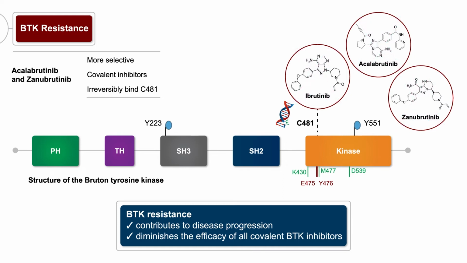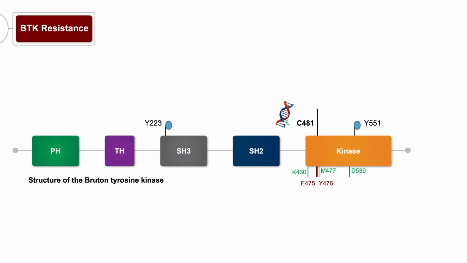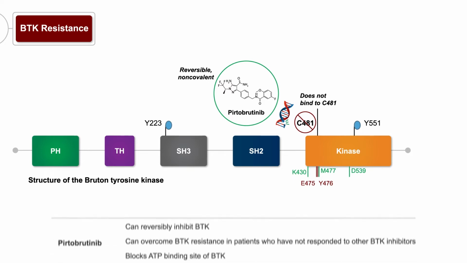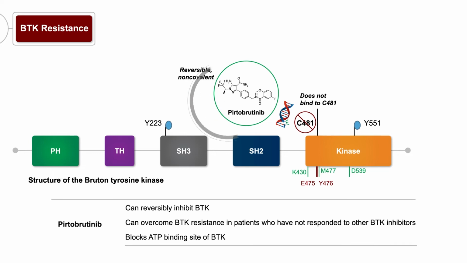Now, what's exciting is the new development of novel agents which don't rely on the C481 binding site. An example of this is the drug called pirtobrutinib, which is a non-covalent BTK inhibitor and one that does not bind to C481, and therefore it can reversibly inhibit BTK and overcome resistance of patients who have failed other BTK inhibitors.